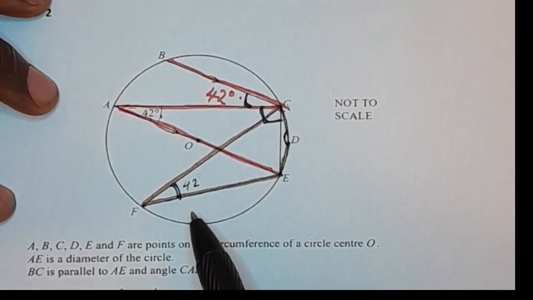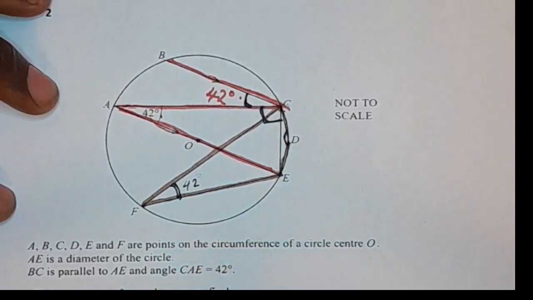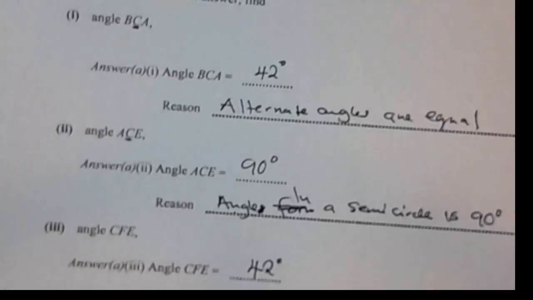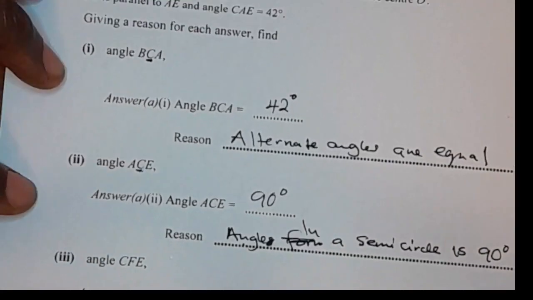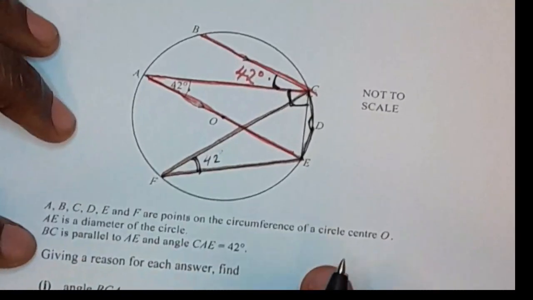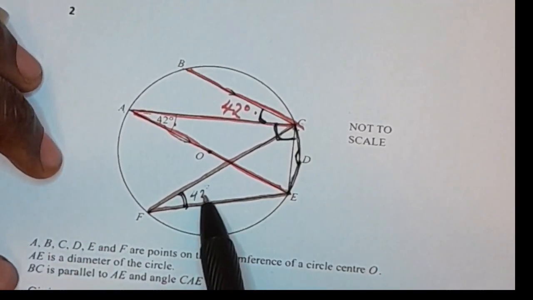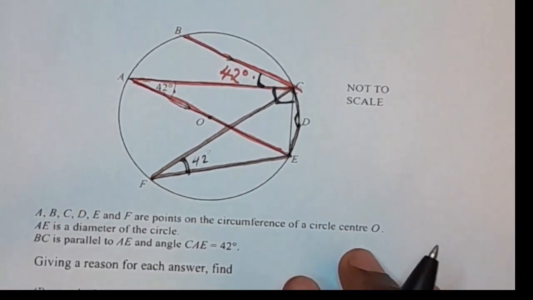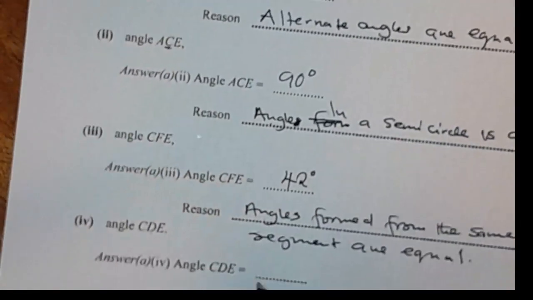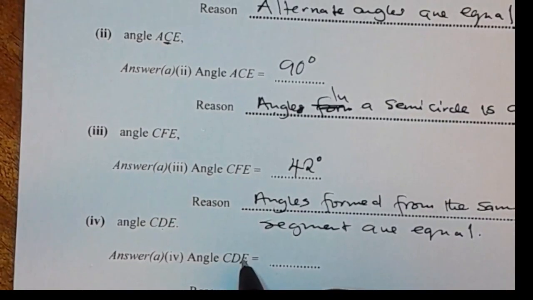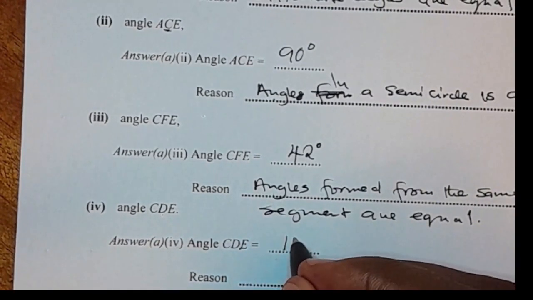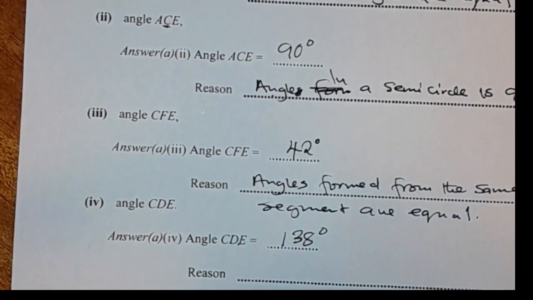Because opposite angles of a cyclic quadrilateral add up to 180, we just subtract 42 from 180, which gives 138. So angle CDE is 138 degrees.